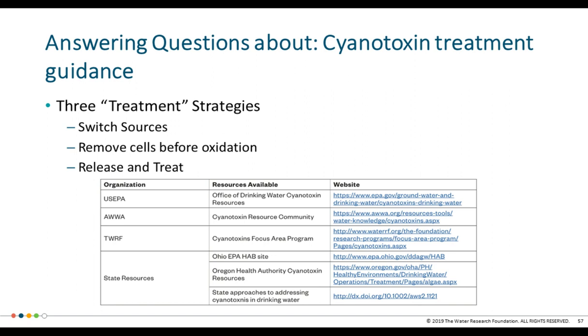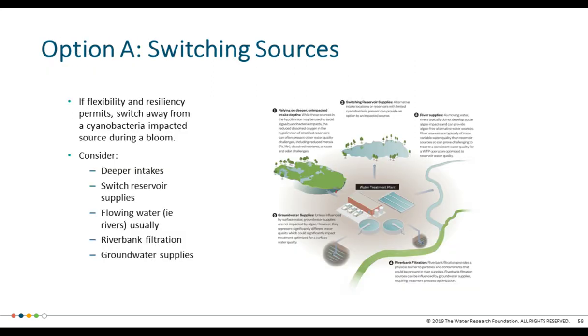Second being sort of industry standard guidance, which was remove the cells before oxidation. And the third, recognizing the limitations on this ability to remove those cells prior to oxidizing, and really getting to the crux of this project, which is to understand and communicate the release and treat methodology.